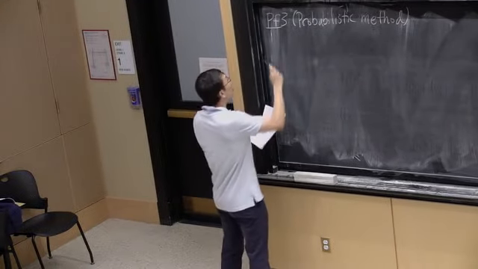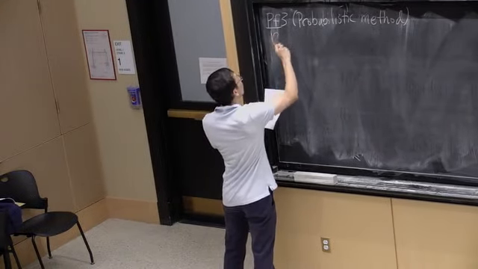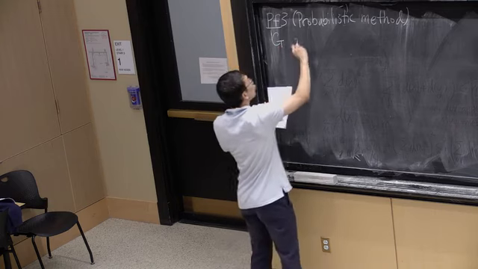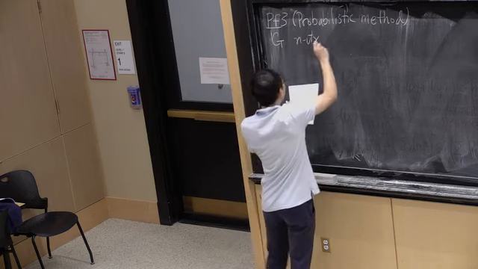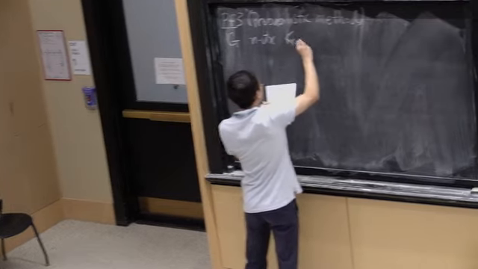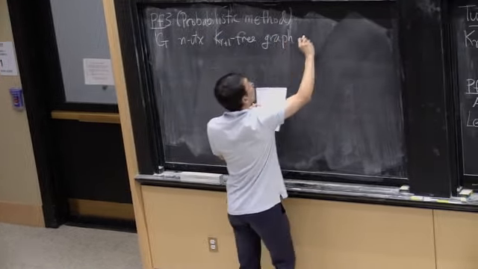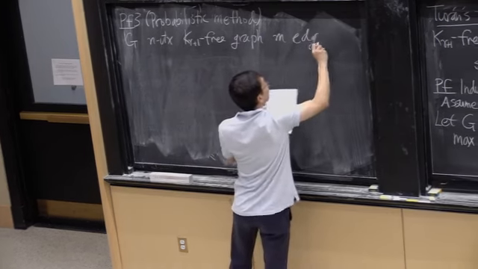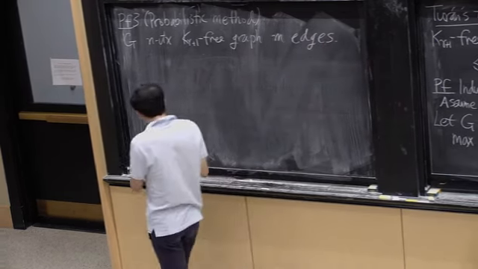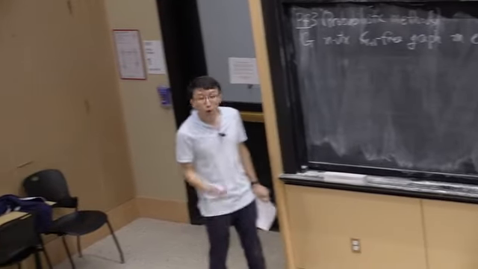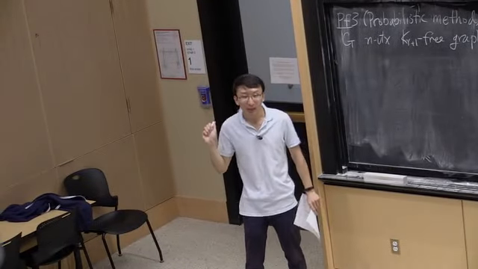So we start again with G being an n-vertex K_{r+1}-free graph on m edges. And what I want to do is to randomly sort the vertex set.